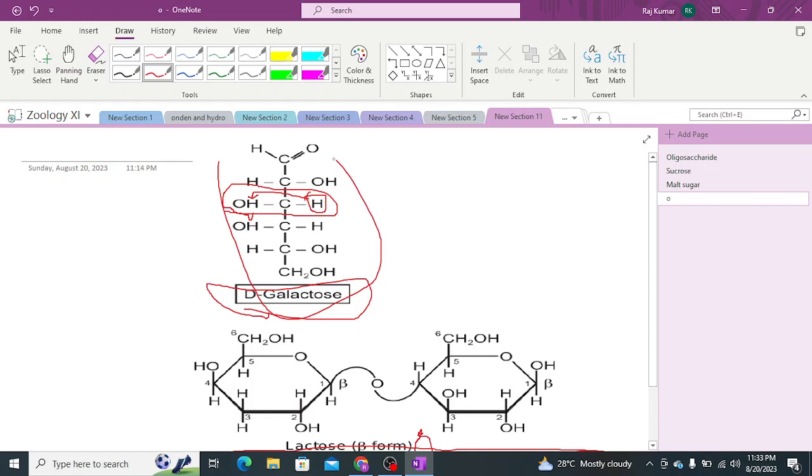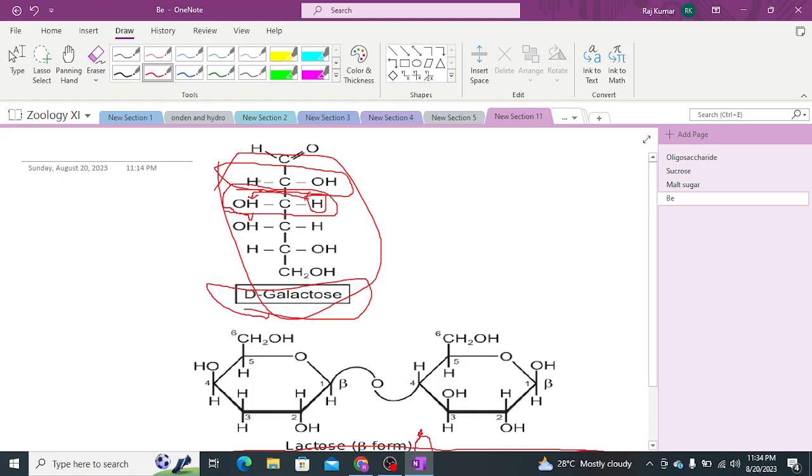The rest of the structure remains constant. There's just a minor difference at the second carbon.